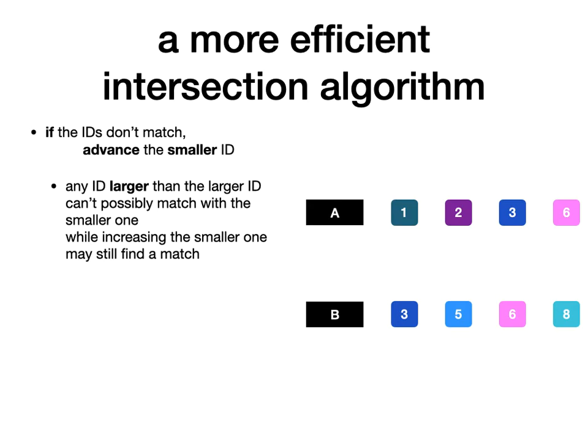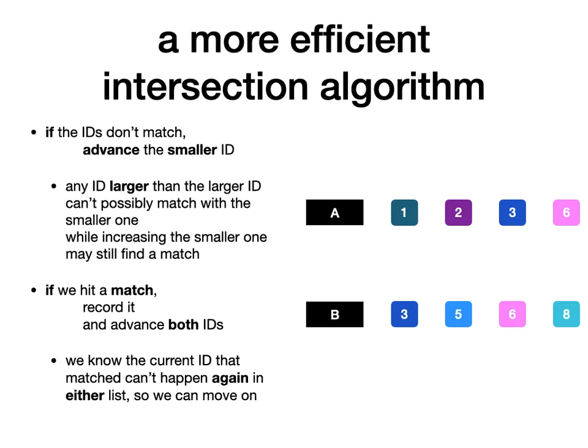Okay, so now if we hit a match, we record that match as we've done in the past, right? We say, oh, eventually we will get to 3 compares, and then we'll advance both IDs. We know that the current ID matched, and it can't happen again because it's not going to be listed multiple times. And so we move on. So both of them get to advance.